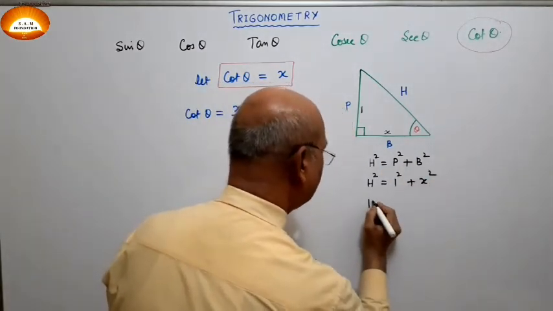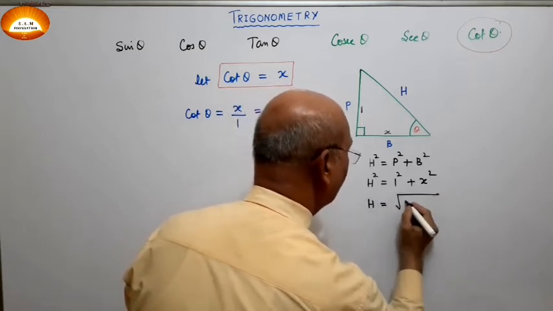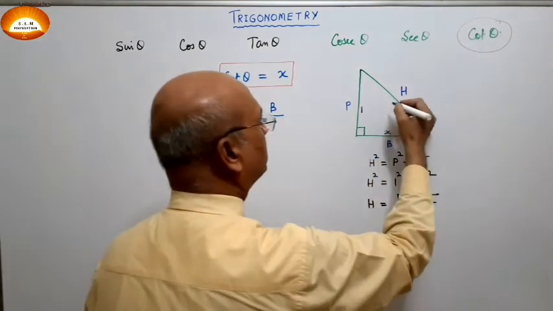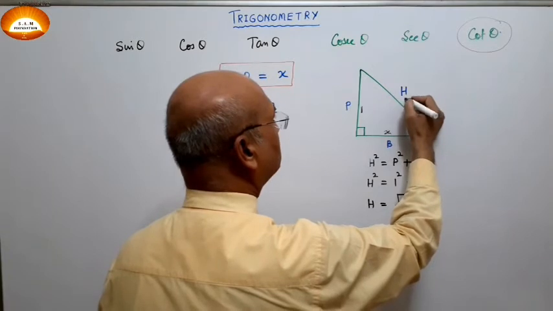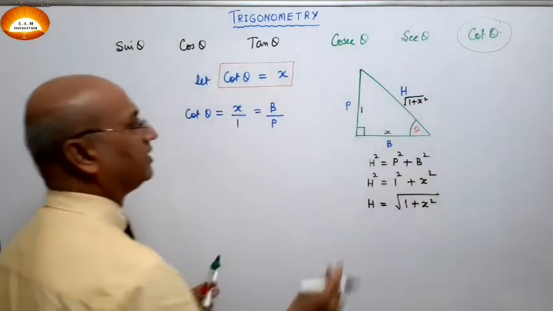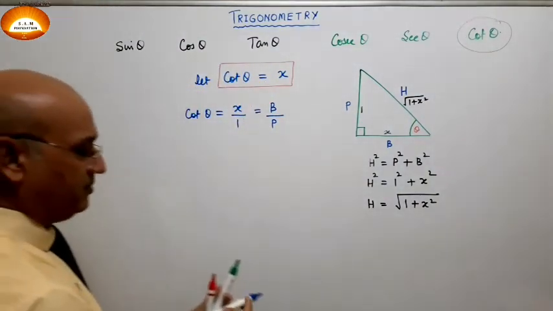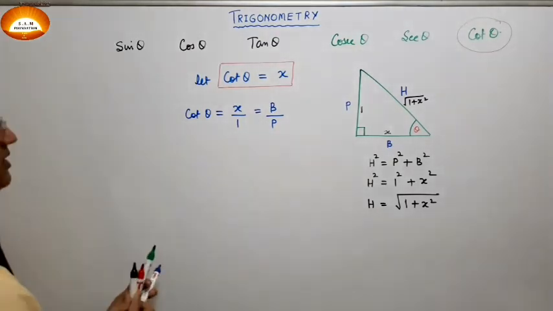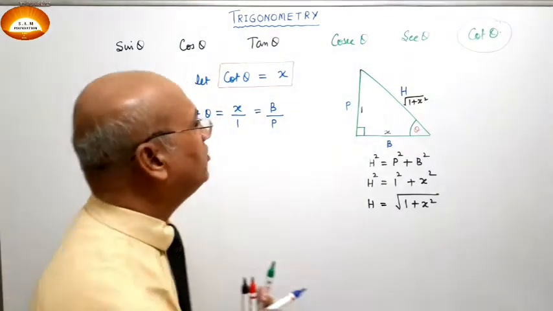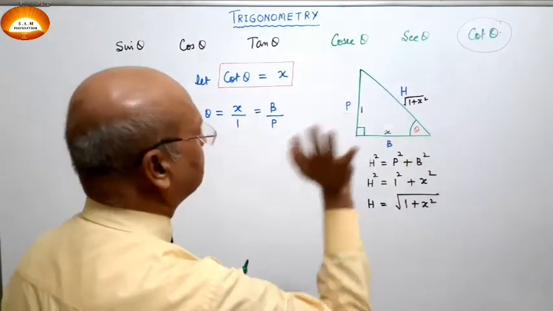So hypotenuse will be equal to under root 1 plus x square. So in place of hypotenuse here I am writing under root 1 plus x square. I hope you must have followed this. Now we got the values of all three sides of a right angle triangle. We know hypotenuse is under root 1 plus x square, perpendicular is 1, and the base is x.